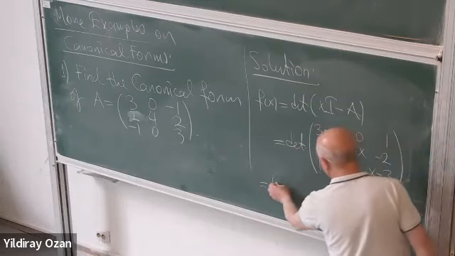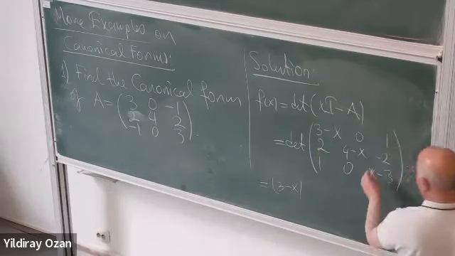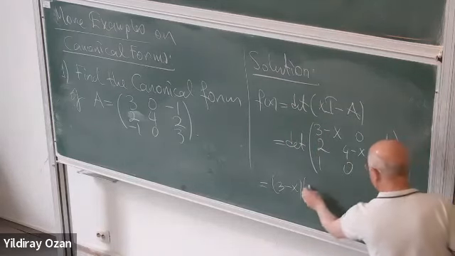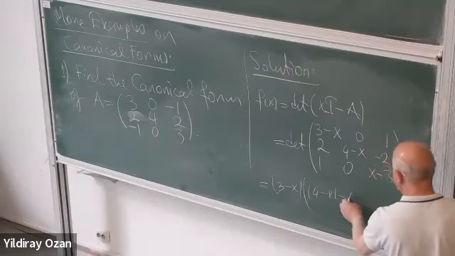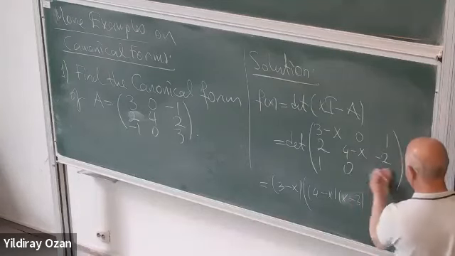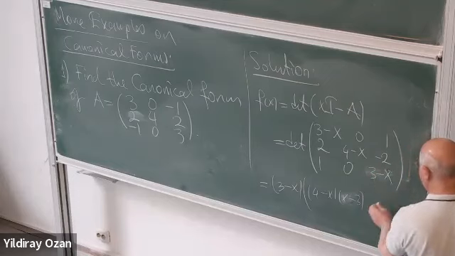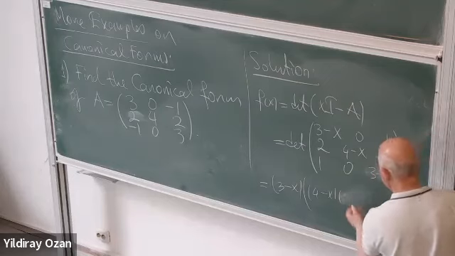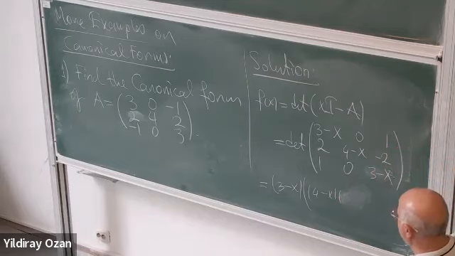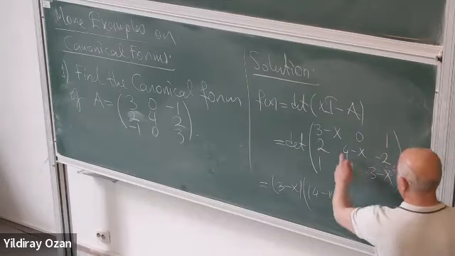It is 3 minus x, and then the determinant of this, which is just 4 minus x times, sorry, x minus 3. No, not x minus 3 minus x.